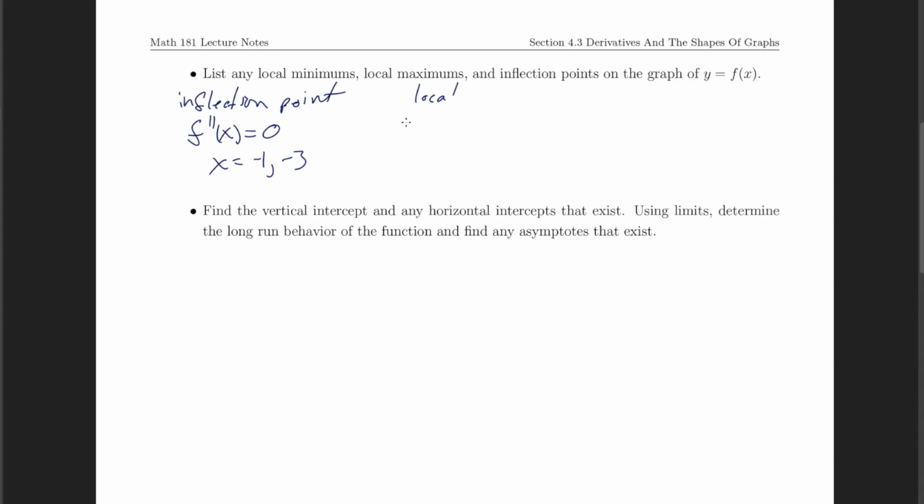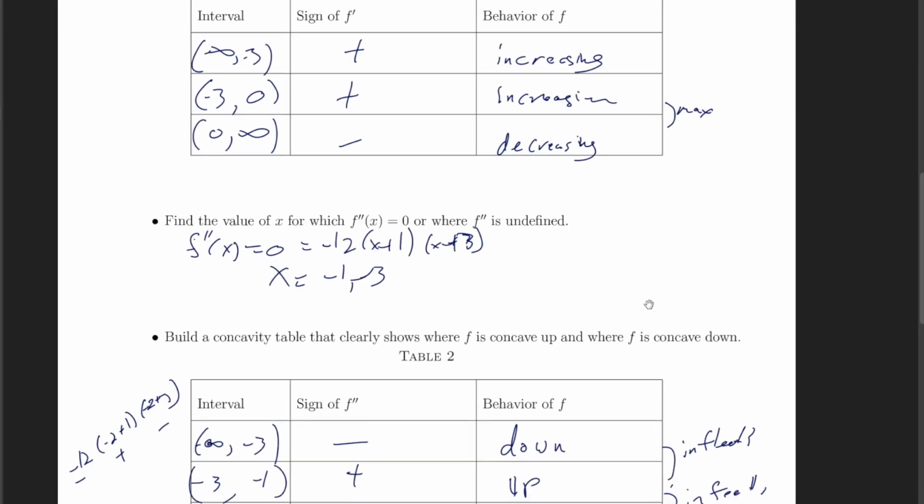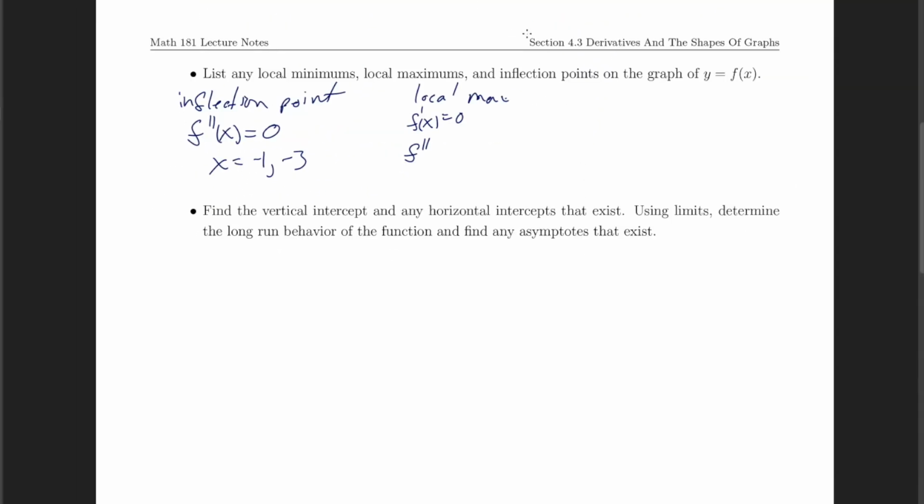We have a local max where f prime of x equals 0, and because f double prime at 0 is negative, less than 0, we have what we call a local max, using the theory we've seen before.